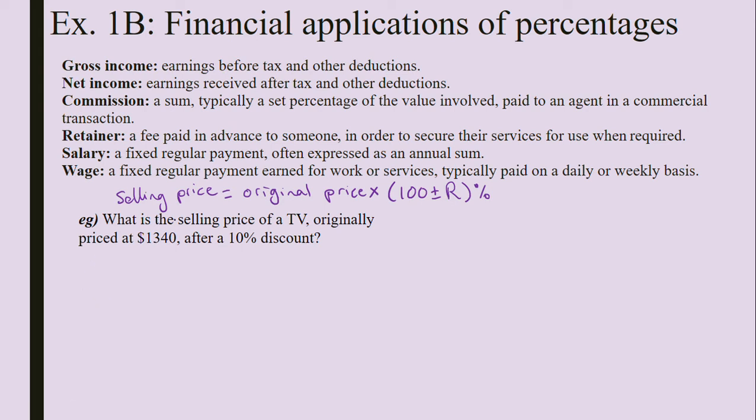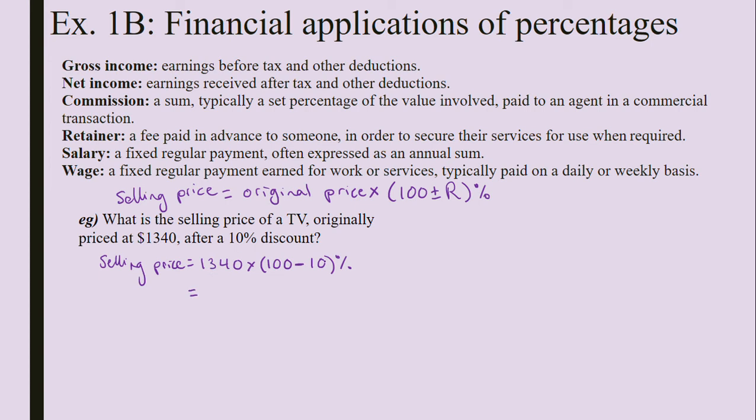So the selling price of the TV, which I'll write as selling price again. You could use TV, you could use the word cost, whatever it might be. This is the amount of money that you would purchase the TV for, originally priced at $1,340. So that's our original price after a 10% discount. So we put in 100. We are discounting, so we subtract 10 and write that as a percentage.